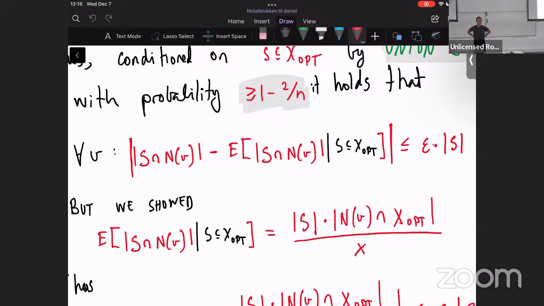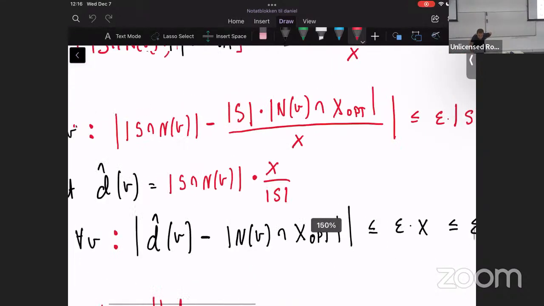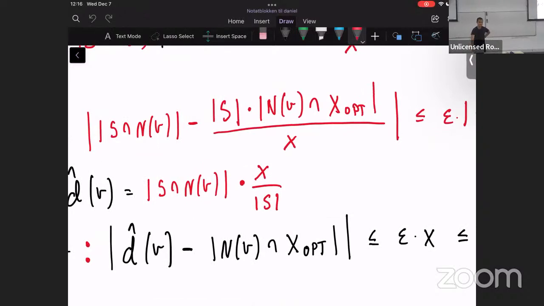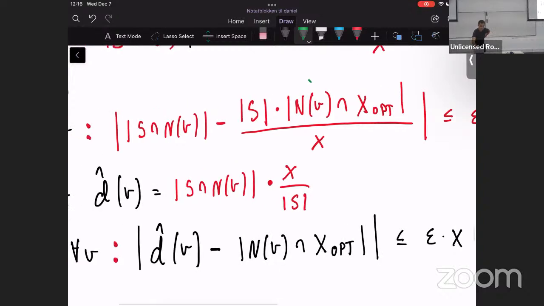We showed that the expected value of S intersection N of v was this, but then I know that for all v, S intersection N of v minus the expectation, which is here, is small, yes, but the left-hand side is now the true value for, what am I saying here? Did I write something stupid?